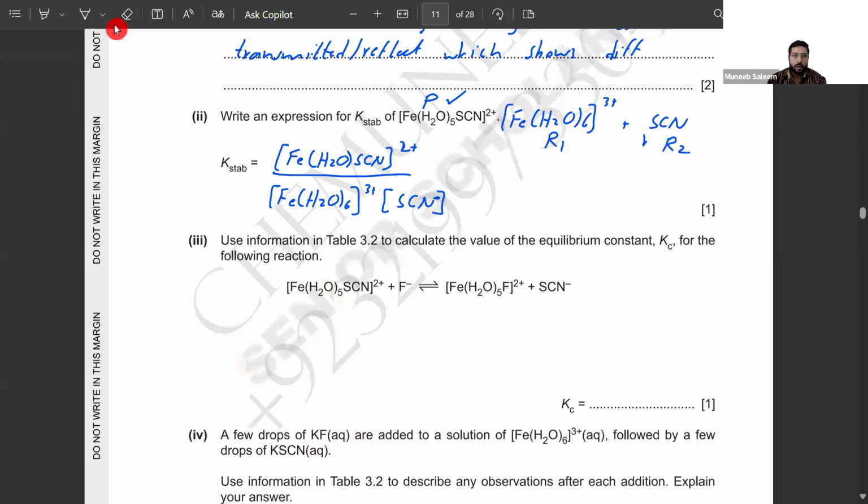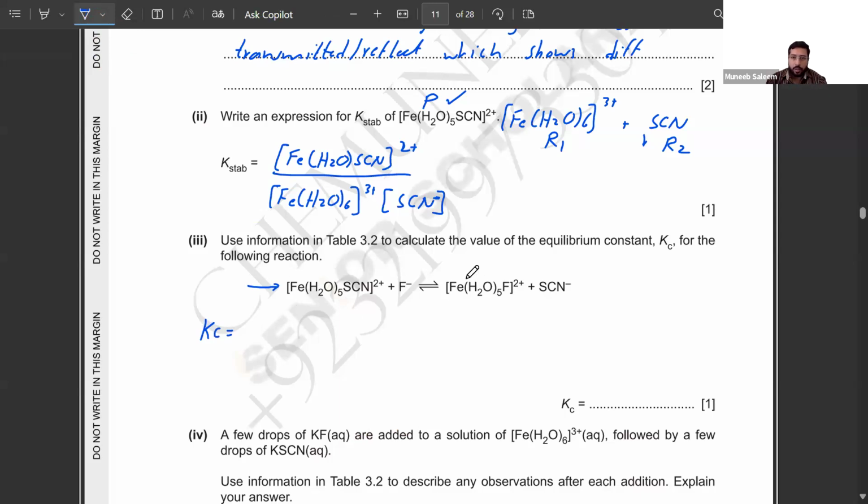Now for this purpose, we have to first construct the Kc expression for this chemical reaction. So we know that Kc is basically the concentration of the products divided by the concentration of the reactants.